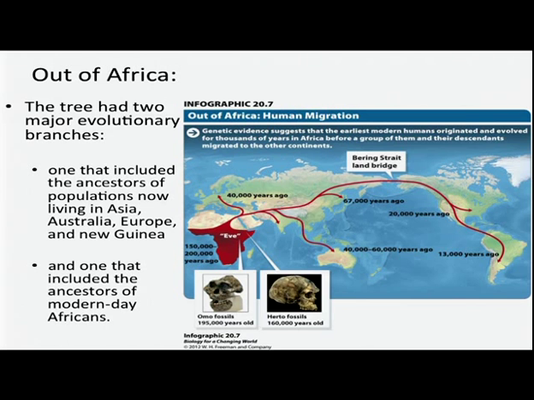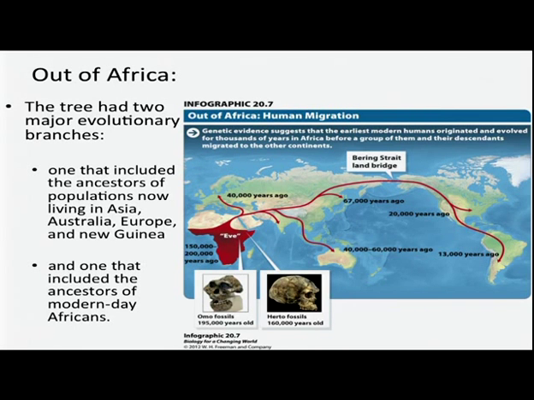And we can track the skin color of all these different populations based on how close they are to the equator. So if your ancestors evolved near the equator, where it's always very sunny and there's lots of UV irradiation, you have dark skin because that protects you from the sun.